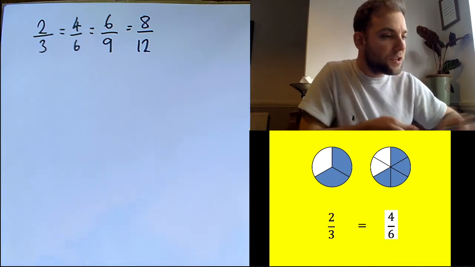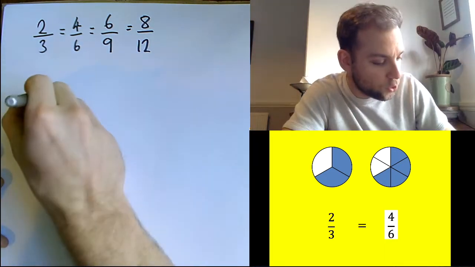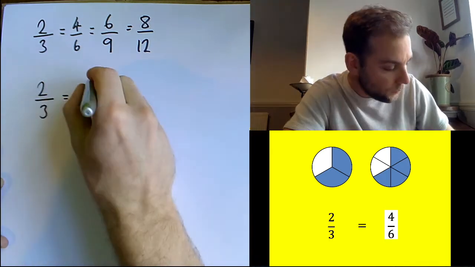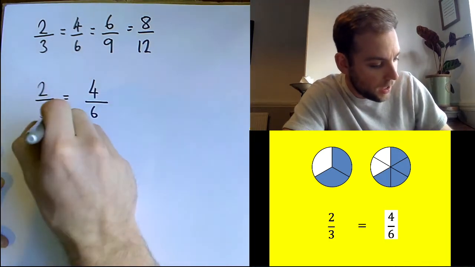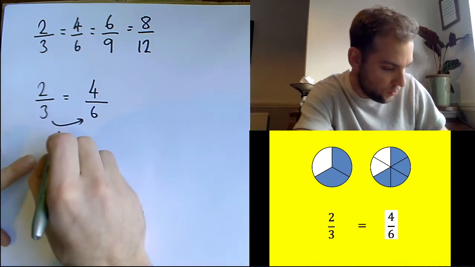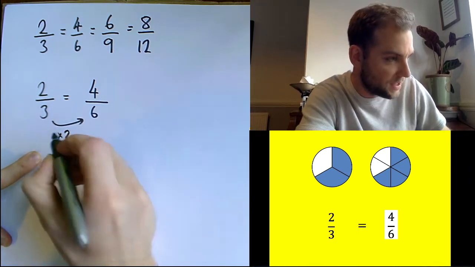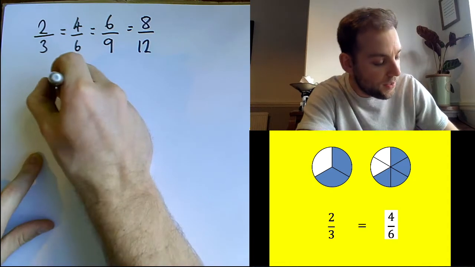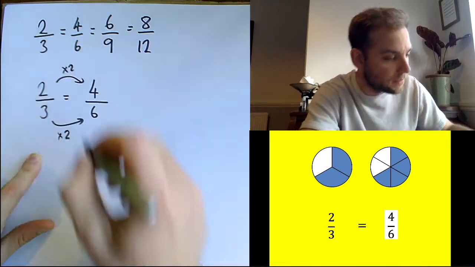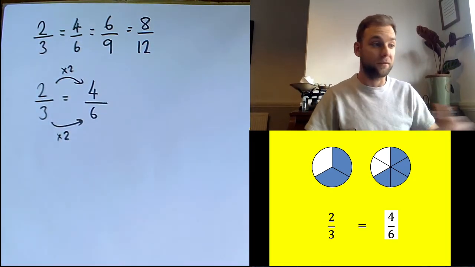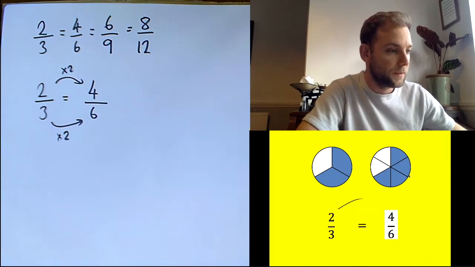Now, there is another way we can do this, because we don't want to have to draw these every time. So notice here, if I times the bottom by 2, which is the same as splitting these by 2, then I can times the top by 2 as well, which is the same as splitting the ones I have by 2. So that's going to be equal to times by 2, times by 2.